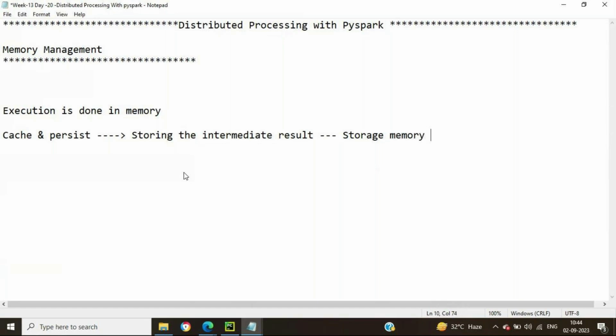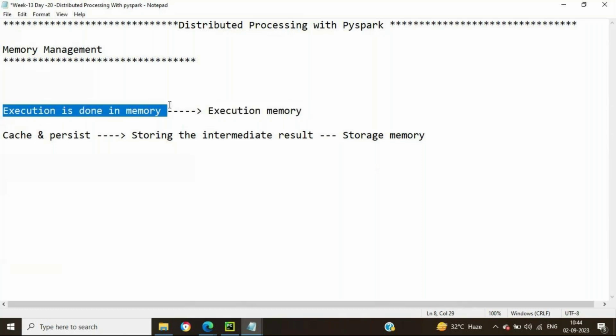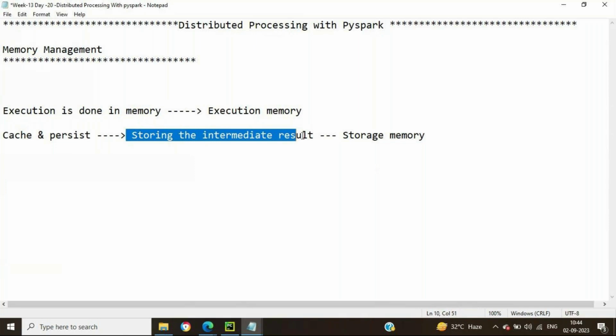So if we talk about memory, there are two types of memory. One is responsible for execution, because execution is done inside the memory, and the second is responsible for storing the intermediate result, which is storage memory.